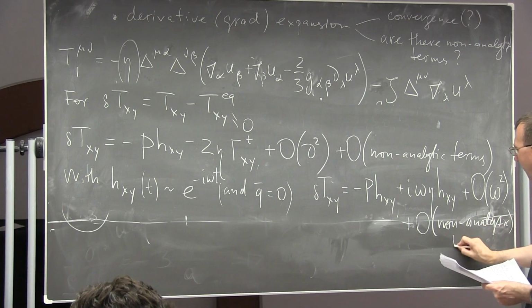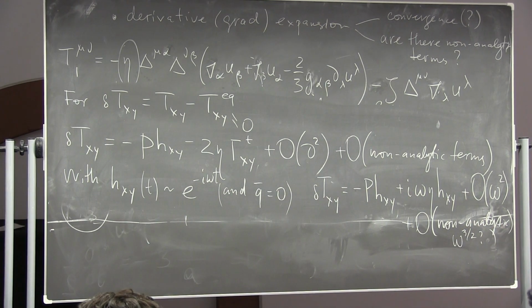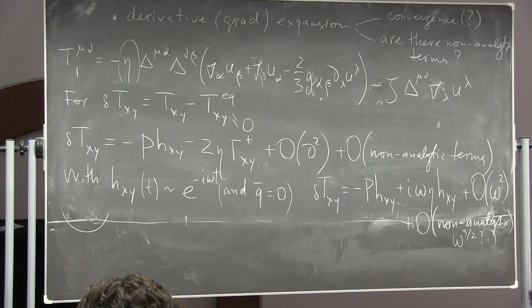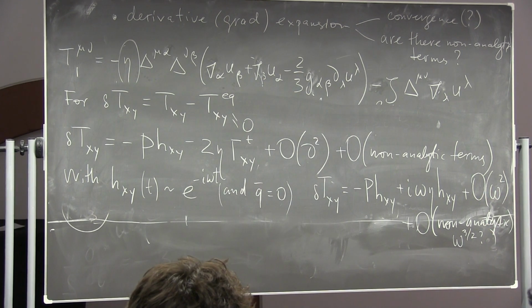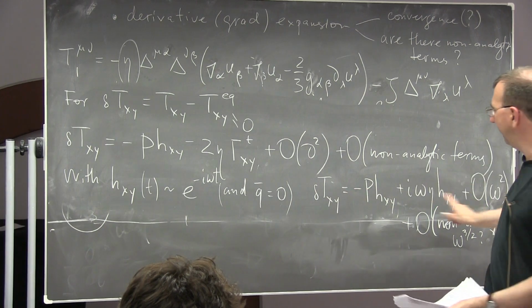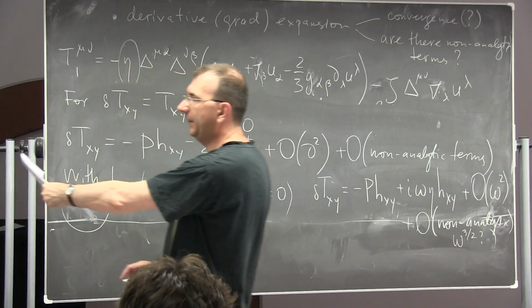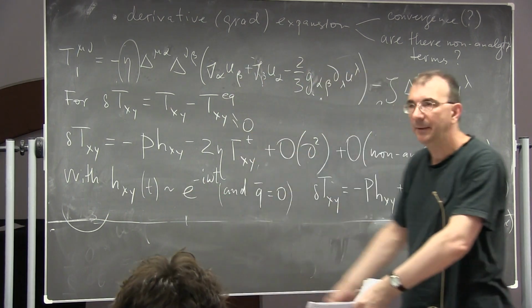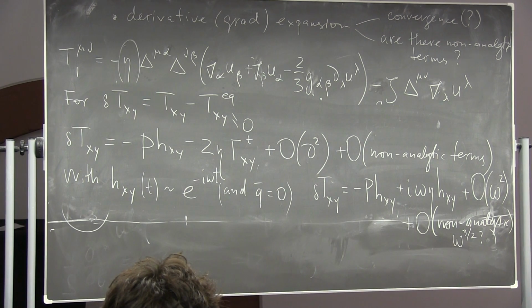Non-analytic means, for example, omega to the power 3/2, right? And so on, 5/2, and log omega and so on. So they do exist, but let's discuss them later. So to leading order, you have this. And this expression just follows from the effective theory expansion for T mu nu directly when you substitute a metric of this type. It's nothing more than that.